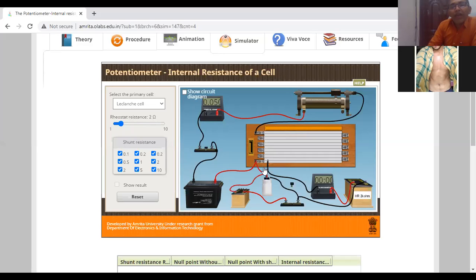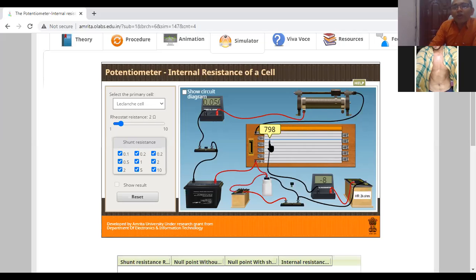Now we have to check the jockey key. If you take the jockey key at this end, the galvanometer gives you 0 reading here, 0 reading, and move, it gives the positive 30, 30, okay, somewhere there must be a 0 reading. Okay, yeah. It means somewhere the galvanometer shows a negative reading.